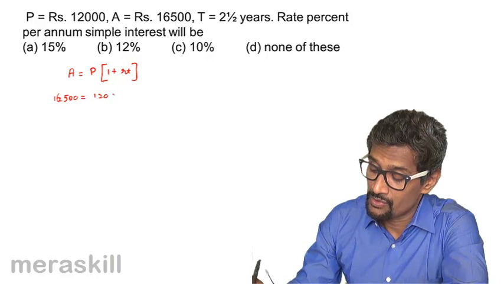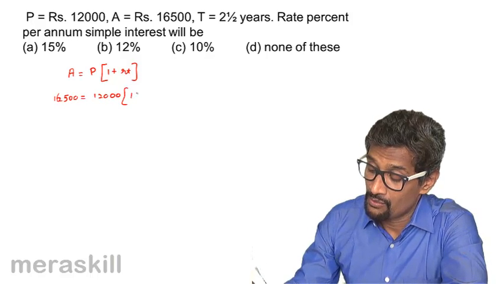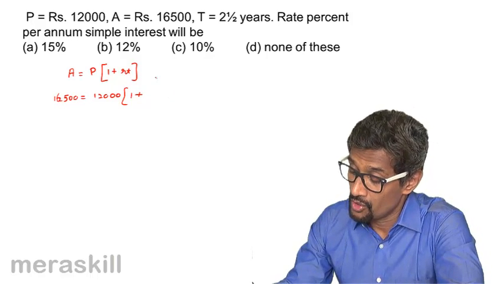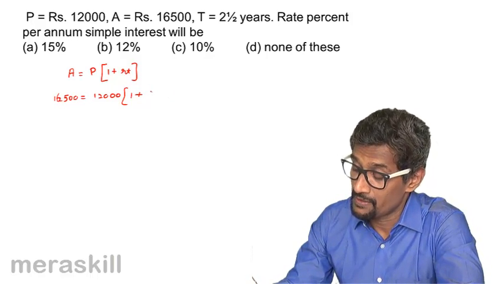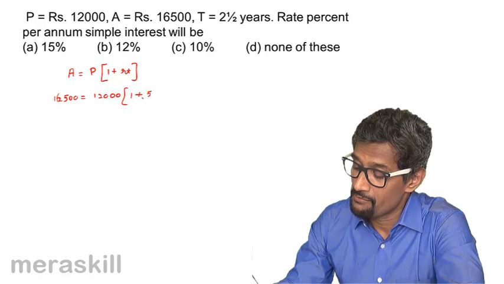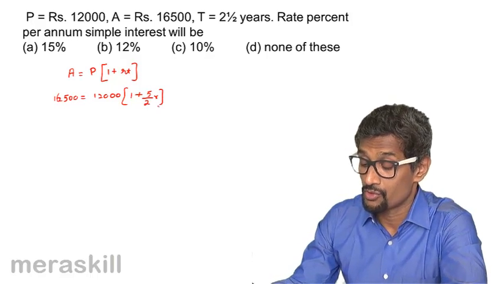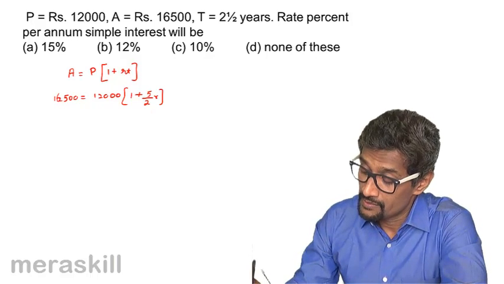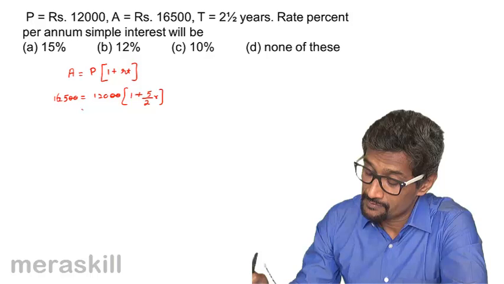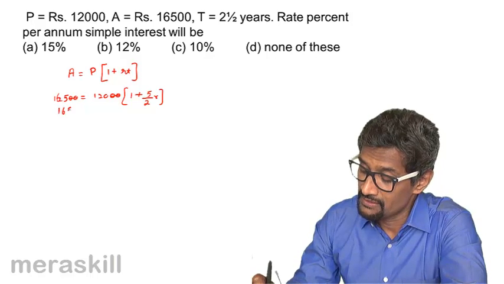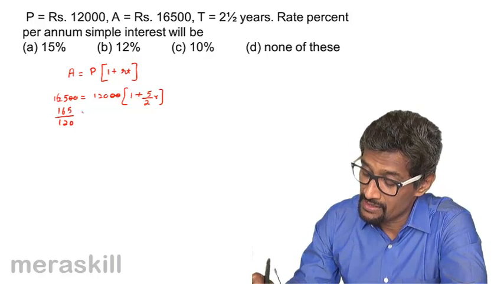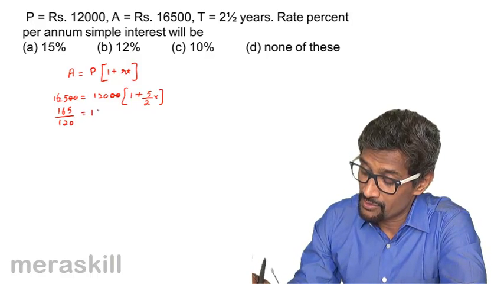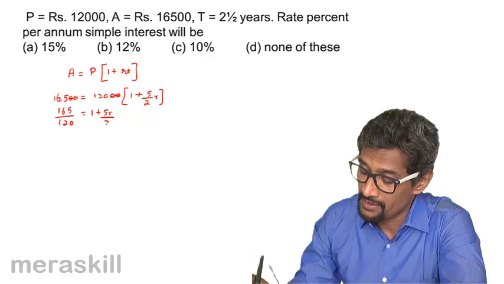Principal is 12,000 and 1 plus R, R is not known, and 2.5 years. So it's going to be 5 by 2 R is going to be the amount. So this gets cancelled. So we have 165 by 120 is equal to 1 plus 5r by 2.